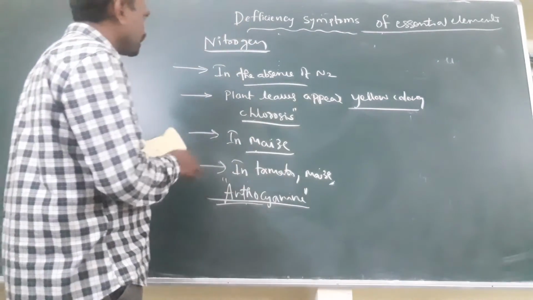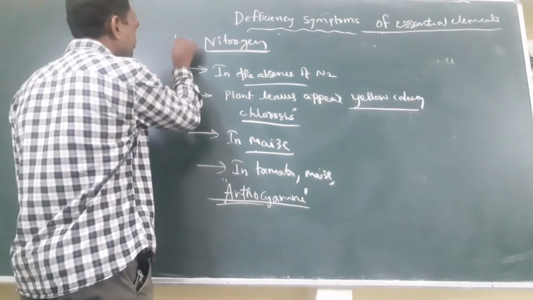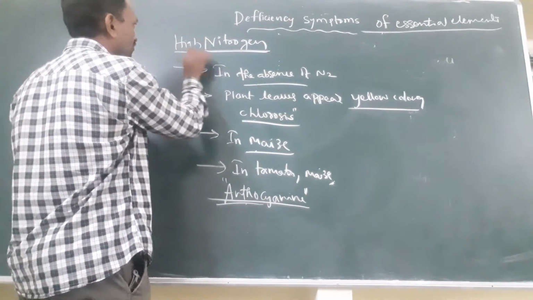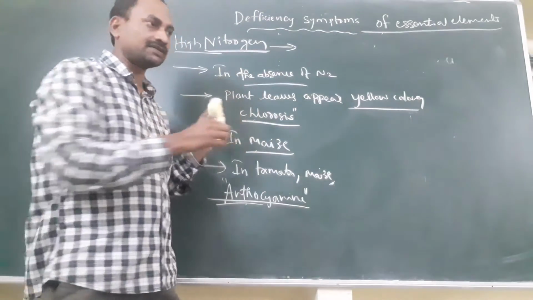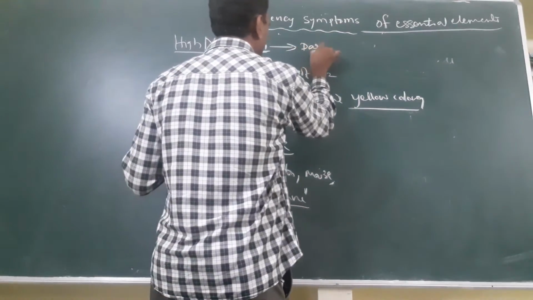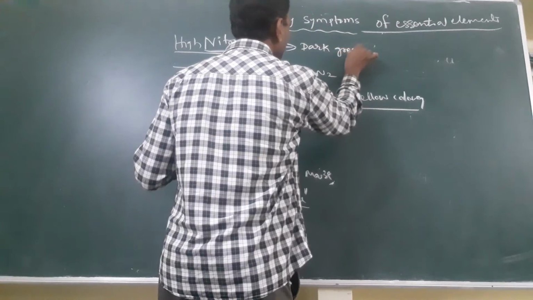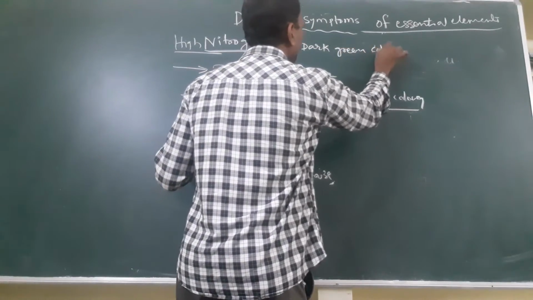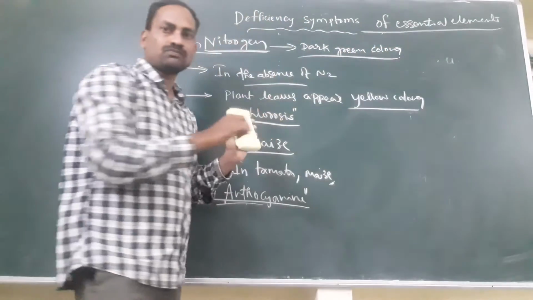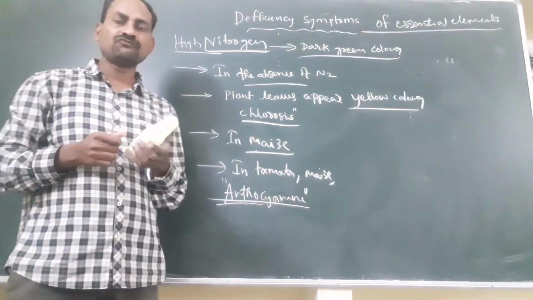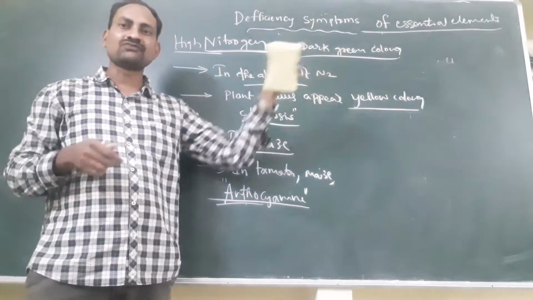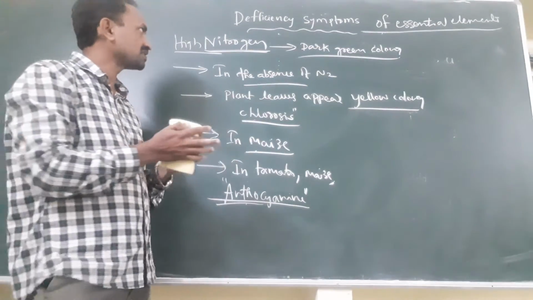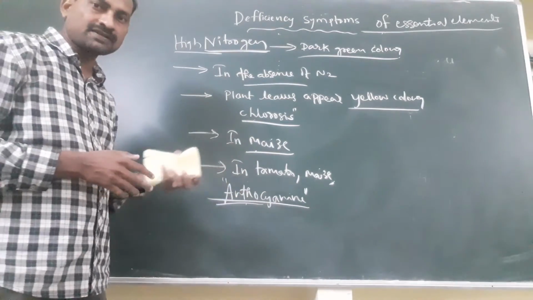In high nitrogen quantity, the leaves become dark green in color, and leaves also become very fragile. Okay, they become dark green and fragile. So these are the symptoms of nitrogen.